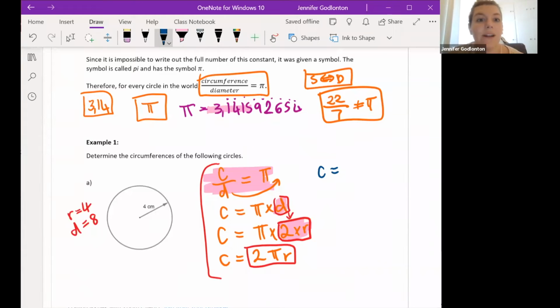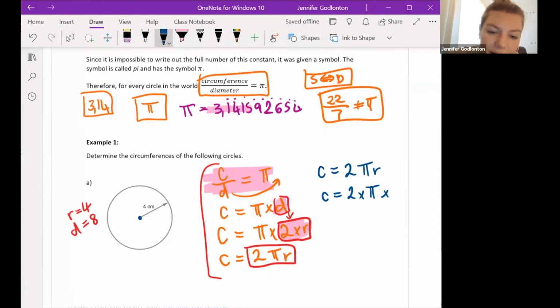I'm going to write 2 pi r because I think that's the one that most of you will have been asked to use at school. So my circumference is equal to 2 times pi times r, and r is my radius.